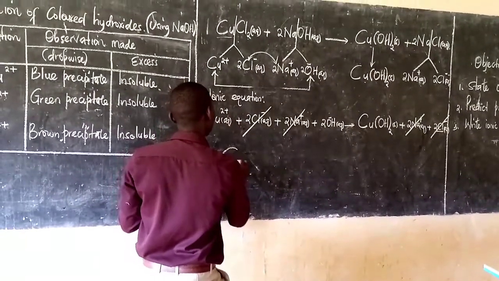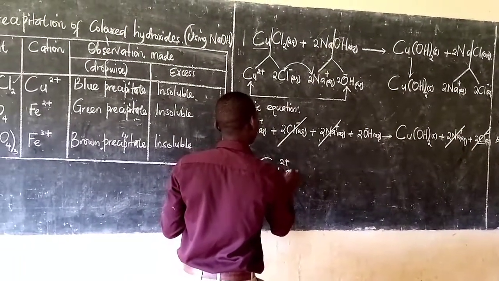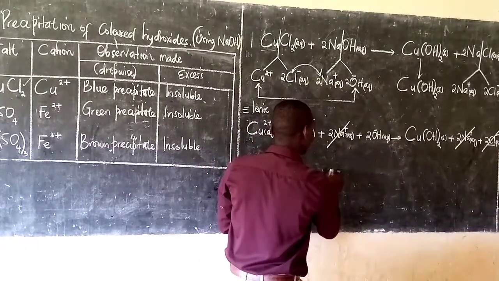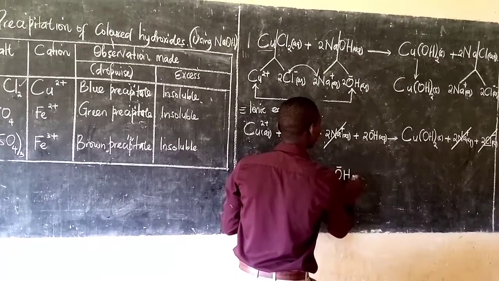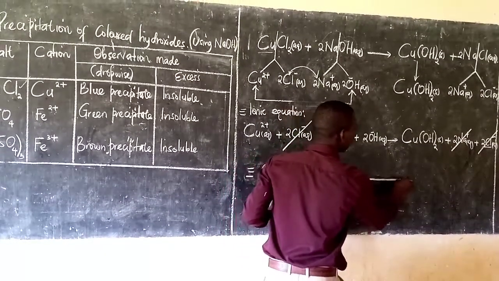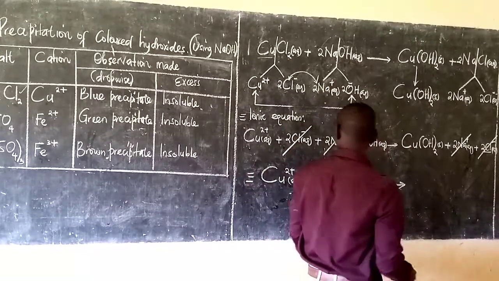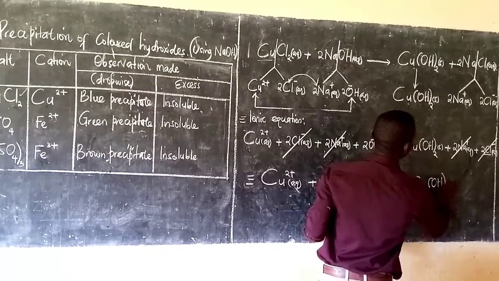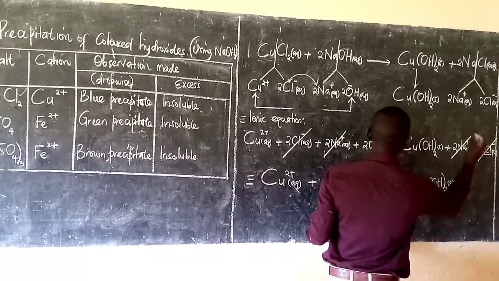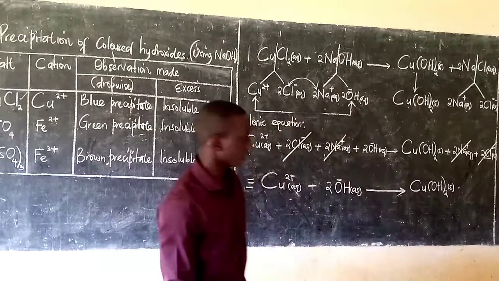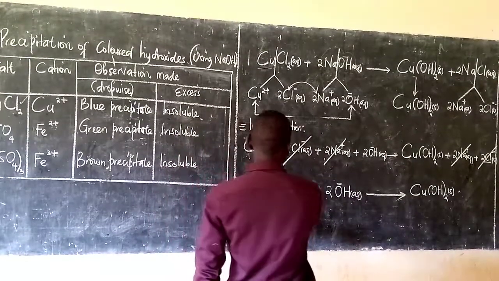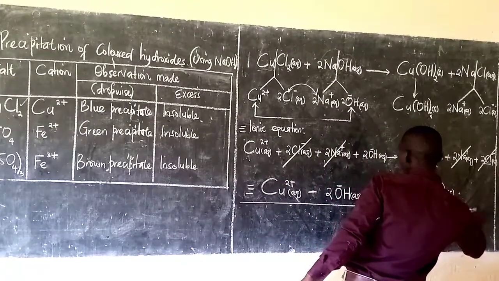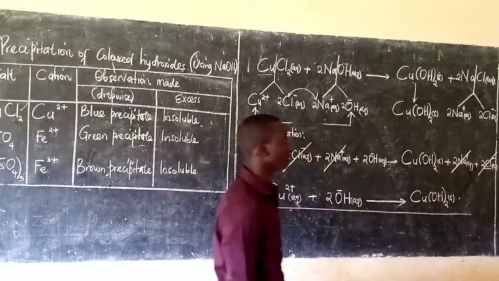So we see the copper 2 plus has remained, copper 2 plus aqueous, and the 2 hydroxide ions present, appearing to give us, on reaction, copper 2 hydroxide, which is that. So this appears to be our ionic equation for the reaction. And that is how we come up with our third objective of writing the ionic equation for the reaction.